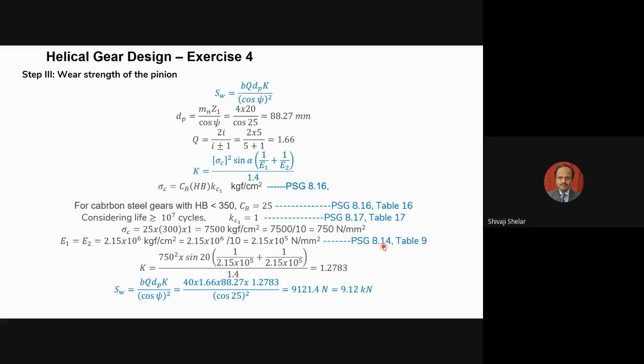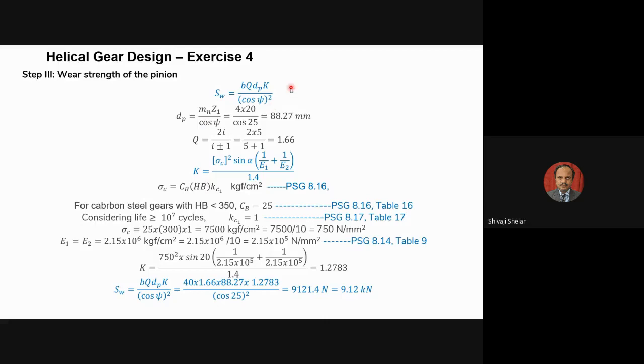On page number 8.14, you can refer to table 9, and from table 9 you get the modulus of elasticity for different materials. This value is in kgf per centimeter square, 2.15 into 10 raised to 6, converted into Newton per millimeter square, so 2.15 into 10 raised to 5. From this calculation, we come to know the load stress factor is 1.2783.